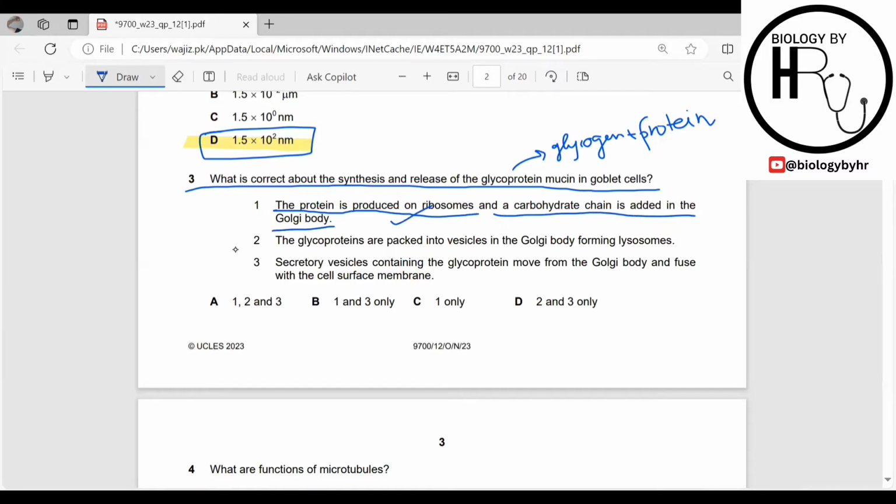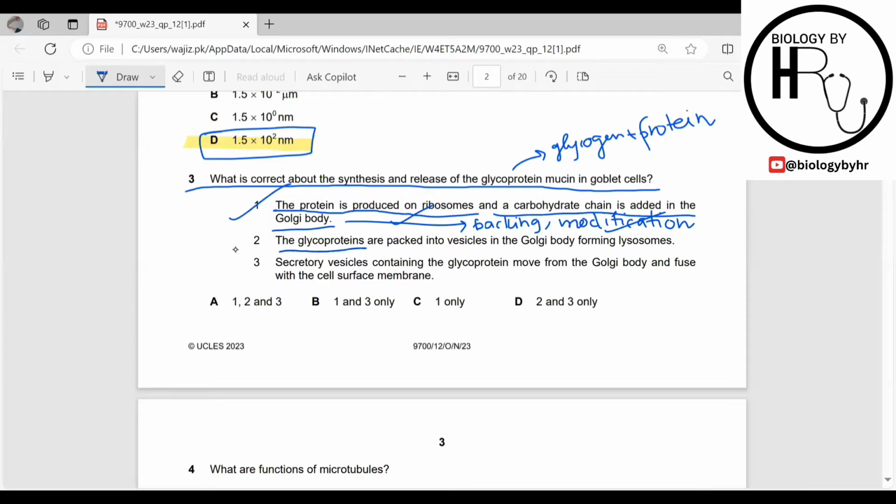This is correct. The Golgi body, we all know, is used for the packaging, modification and collecting of the molecules, right? So when the carbohydrate chain is added to the protein, this is basically the modification of the protein. So statement 1 is correct.